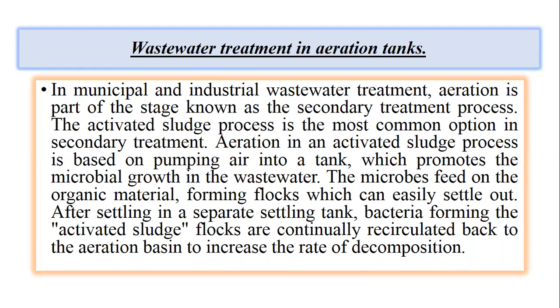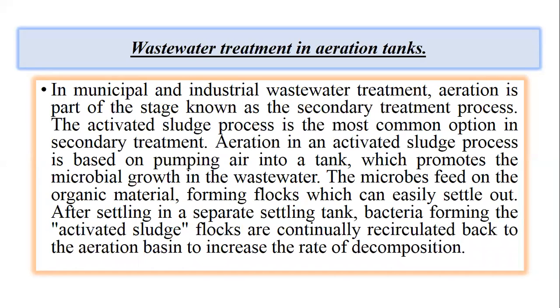Wastewater treatment in aeration tanks. In municipal and industrial wastewater treatment, aeration is part of the stage known as secondary treatment process. The activated sludge process is the most common option in secondary treatment. Aeration in an activated sludge process is based on pumping air into a tank, which promotes microbial growth in the wastewater.